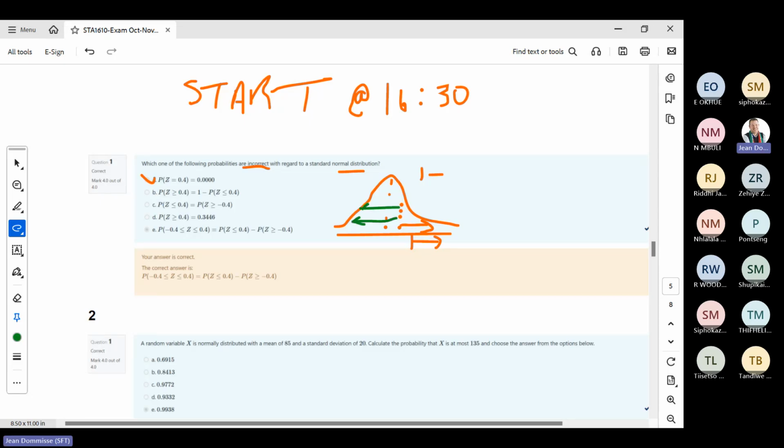If you say 1 minus the green component, you will get the orange component. So that is also correct.